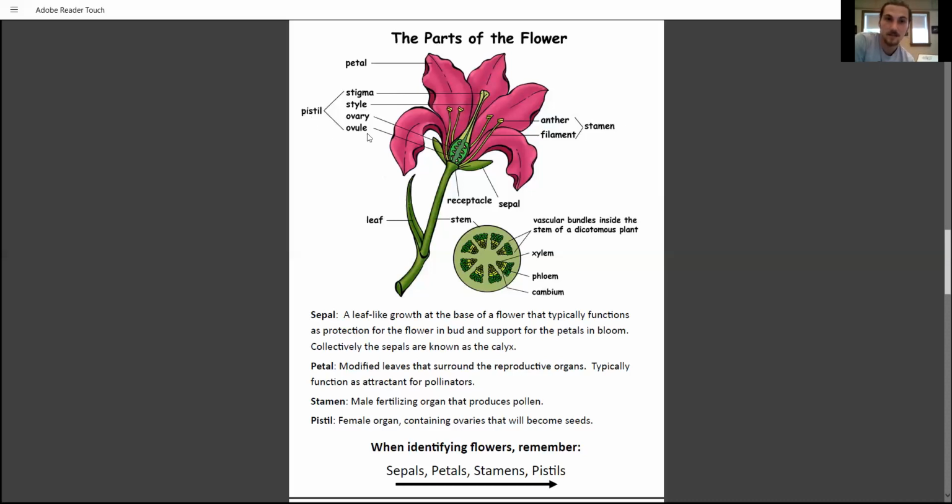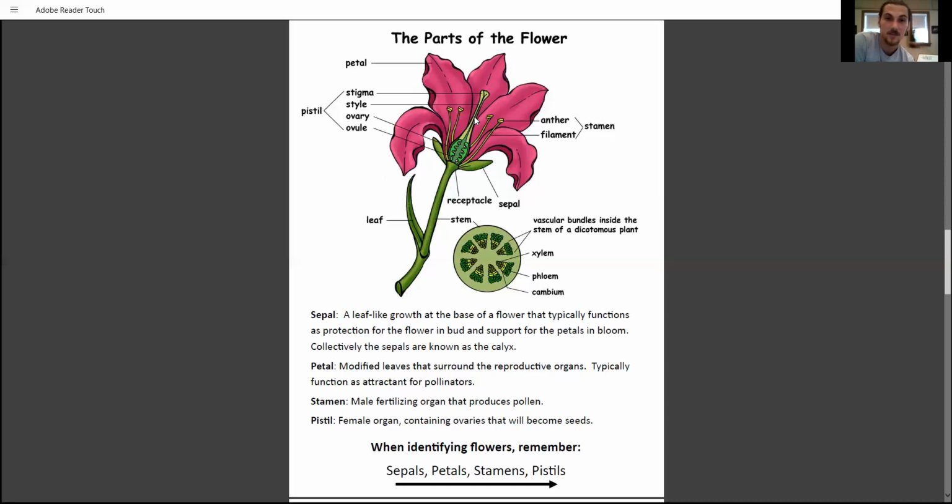The pistil is the female part of the plant. It usually comprises three parts. The stigma at the very top. This is usually noticeable if you look at the flower in some way. And then there will be a long stem running down from the stigma, which we refer to as the style.